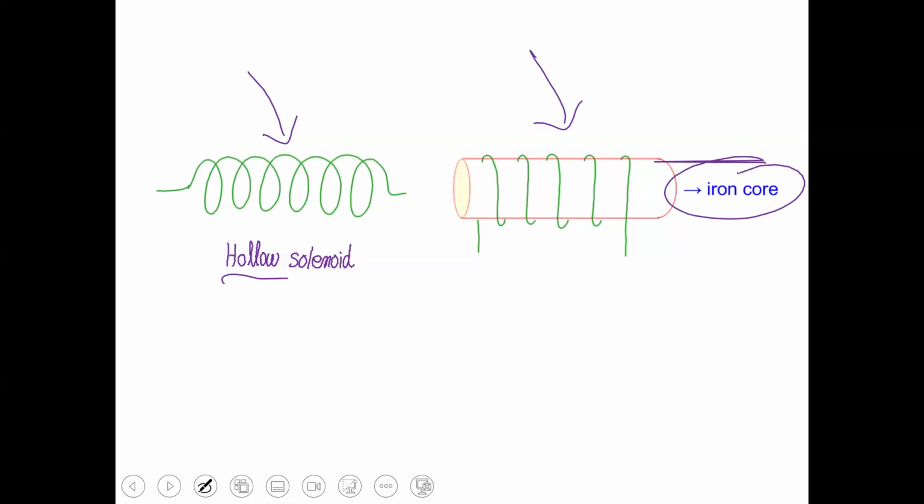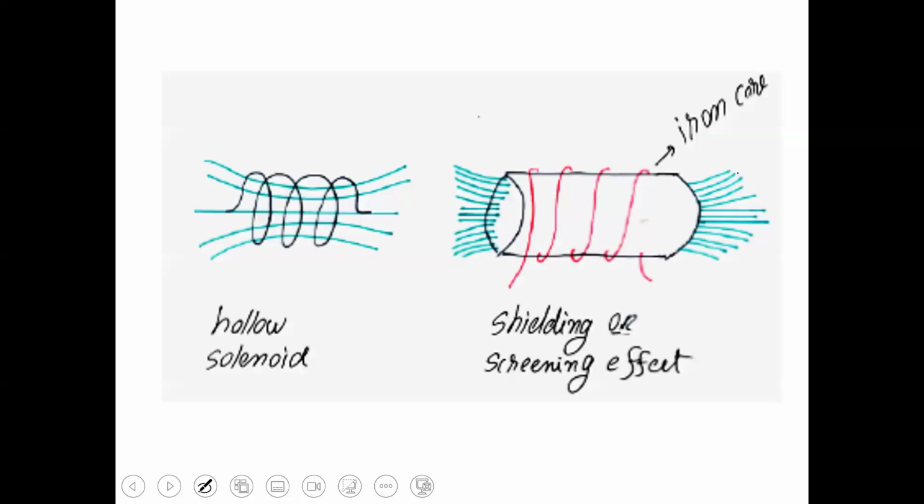Which is the stronger electromagnet? The right one. Good. Why? In case of the iron core, can you see the lines are highly concentrated? And without the core, what is the difference in the field? Less concentrated. Good. And in our O level, this concept was called the shielding effect.